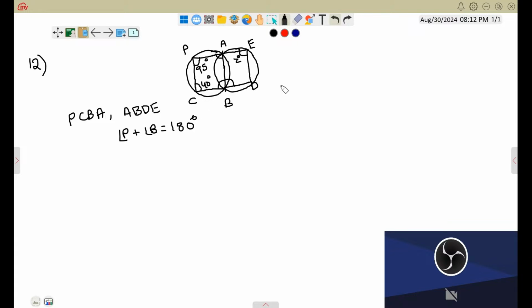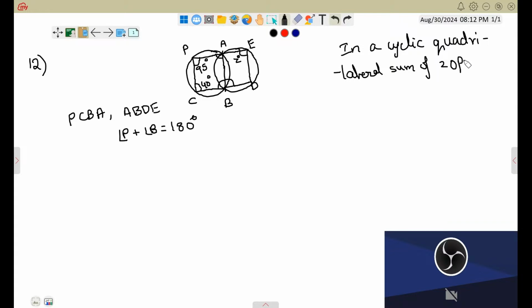Yesterday we learned that in a cyclic quadrilateral, the sum of two opposite angles is equal to 180 degrees. So angle P and angle B are opposite angles. Its sum is 180 degrees.